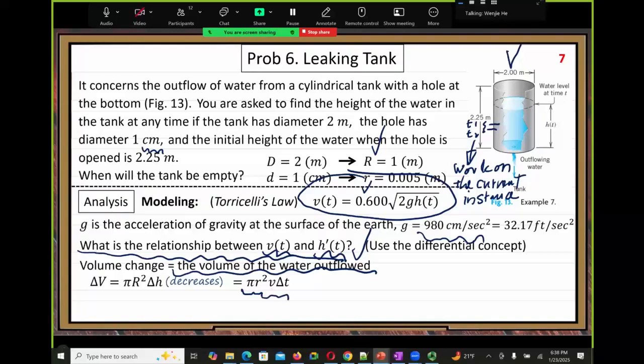Question? So is that the velocity at any given point in time? Good question, let me explain. He asked if this v is at any given point. Actually, it's not.